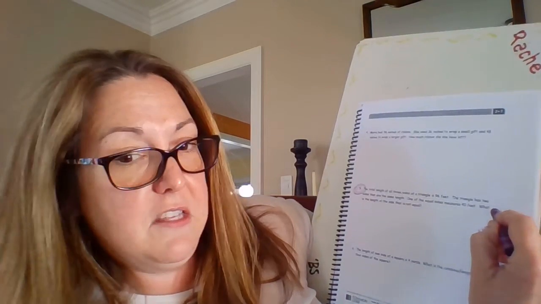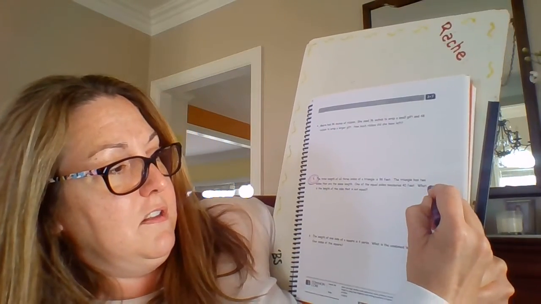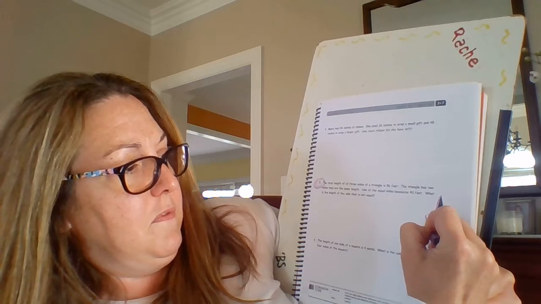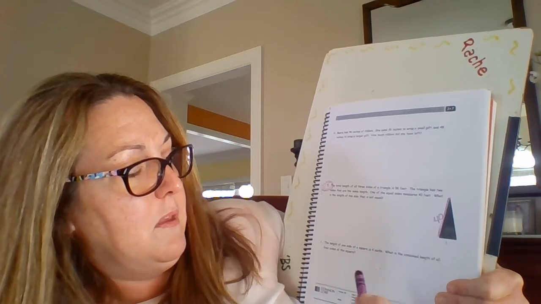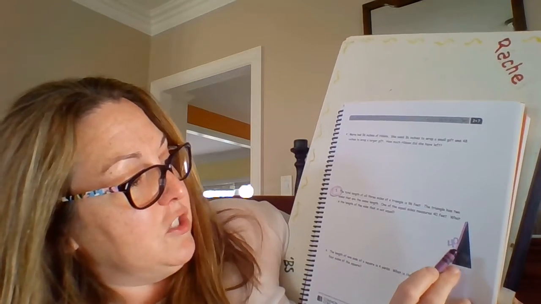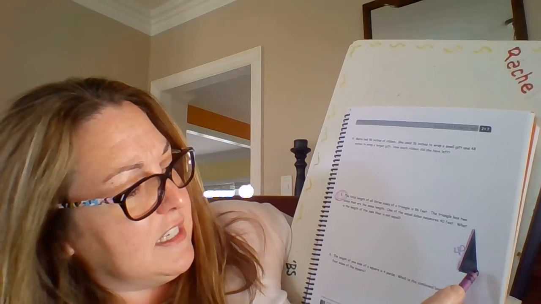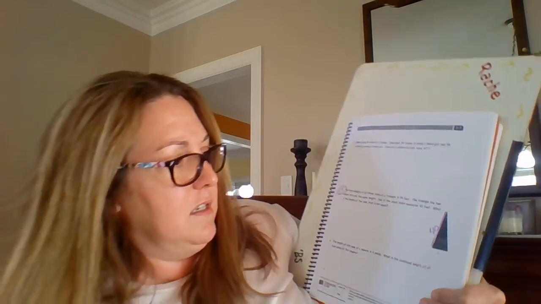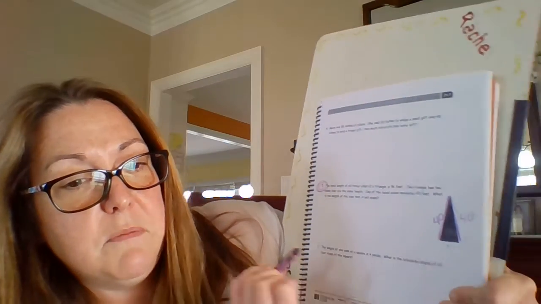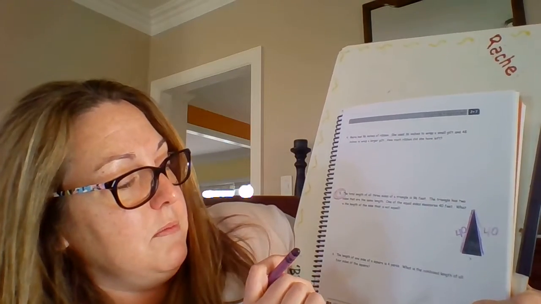So this length on this triangle here, that's 40 feet. Well, it just told me, though, that this side is equal to this side. So this side here is also 40 feet. This side down here at the bottom, that's the side we don't know.